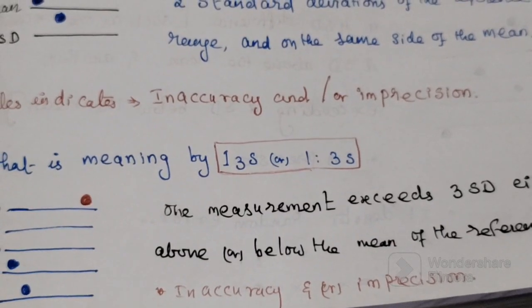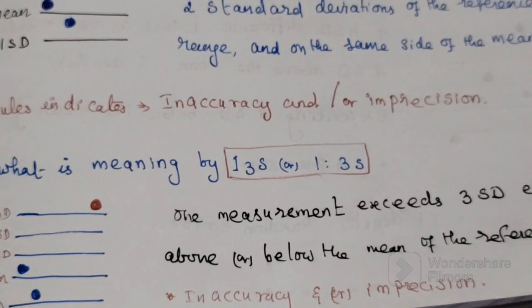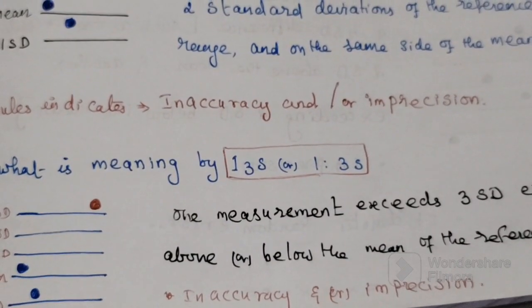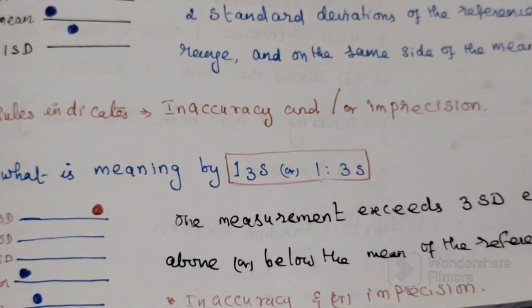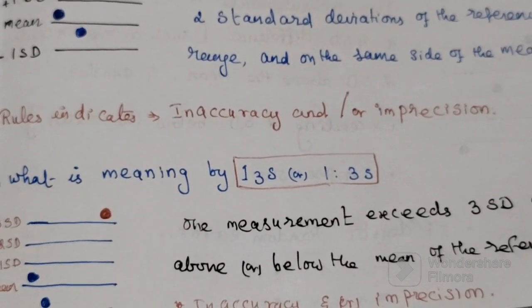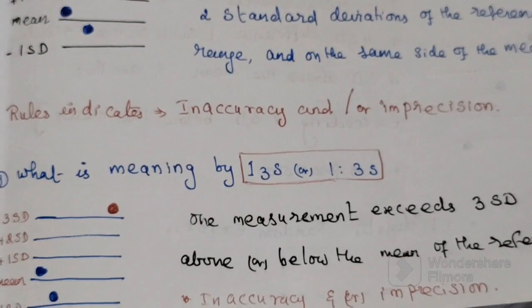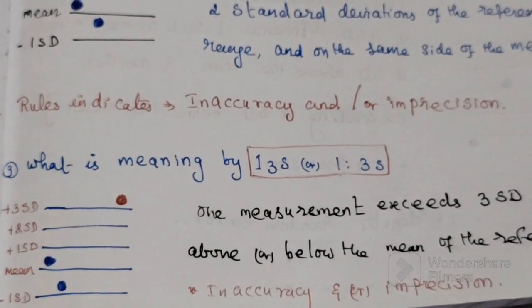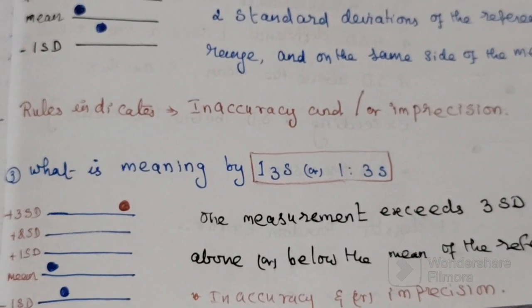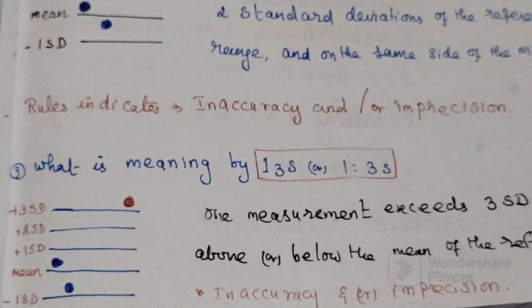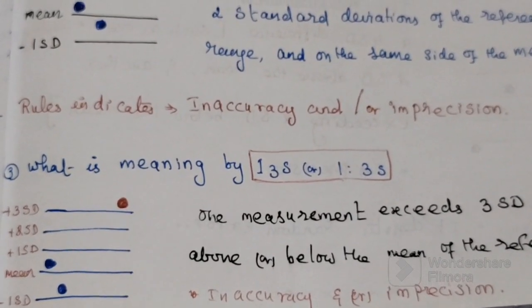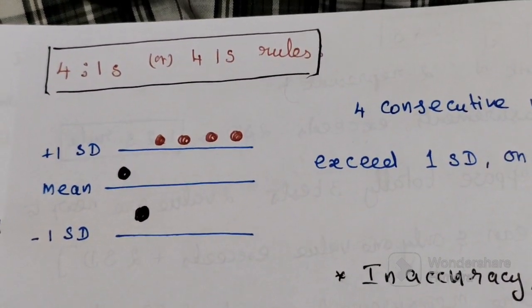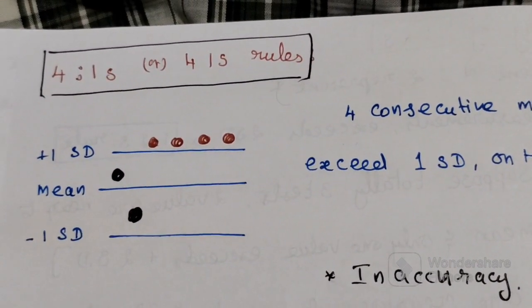This is definitely a rejection rule, and we have to reject our run and troubleshoot the random error or large systematic error, and only after corrective action can patient samples be processed.